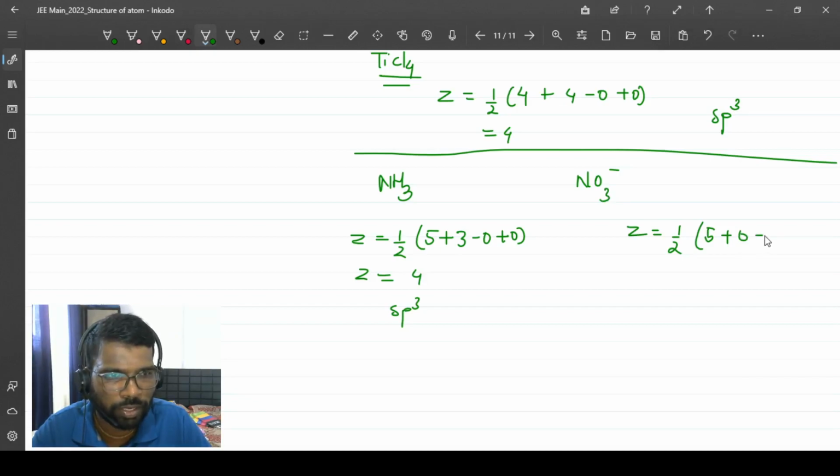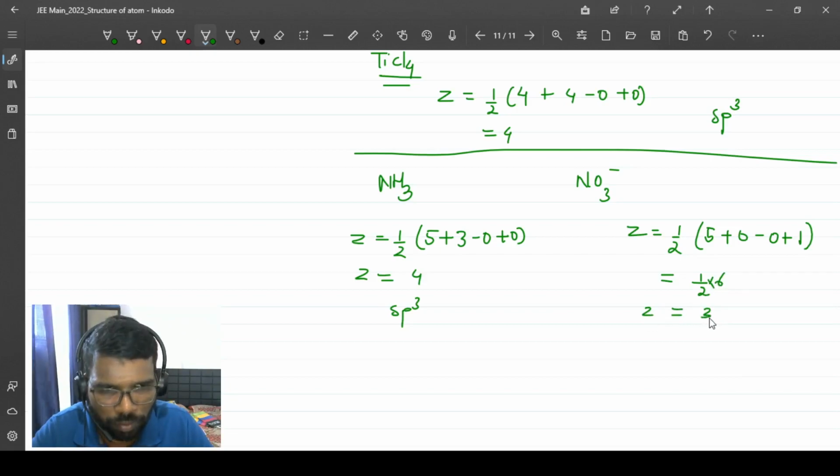So cationic charge is 0 plus anionic charge of minus 1. The magnitude is 1, so I am writing it as plus, the opposite sign. So this will be half times 6, so here Z is equal to 3.